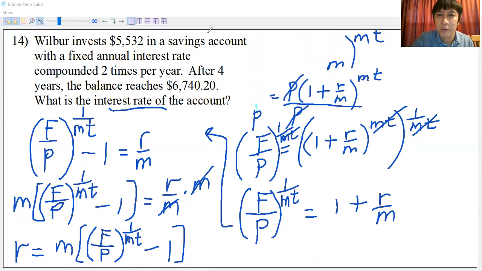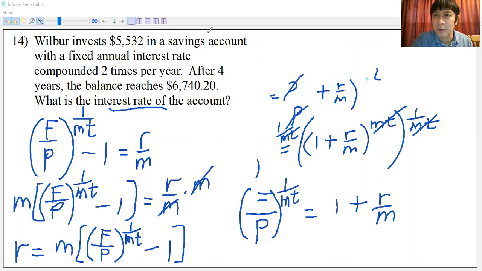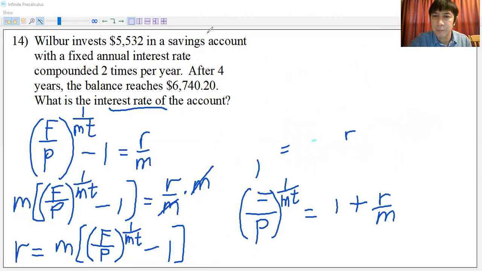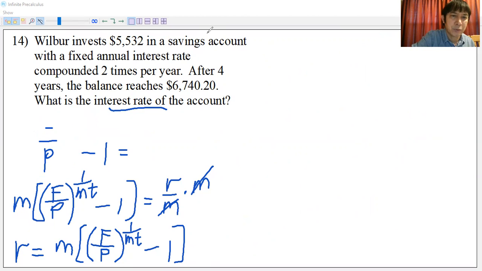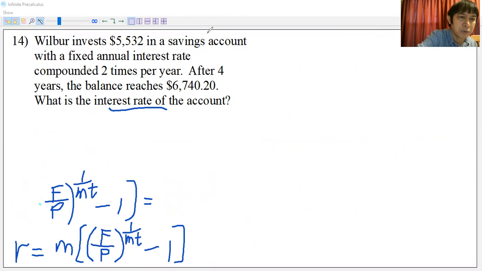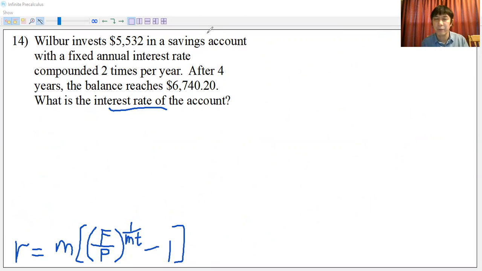We will use the eraser, so we'll be able to keep that particular formula that we have derived. Let's erase up to this point and up to this point. That's the formula over there.